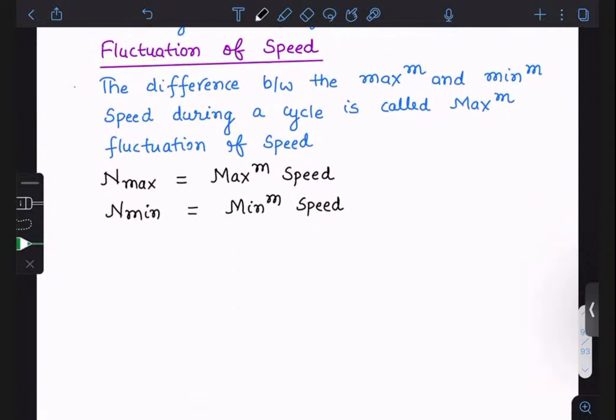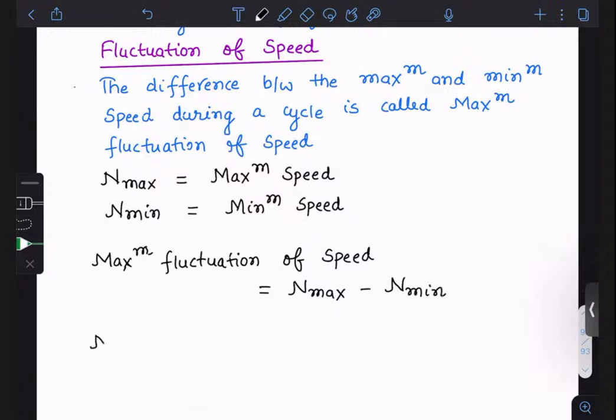So therefore we can write the maximum fluctuation of speed is equal to N max minus N min.